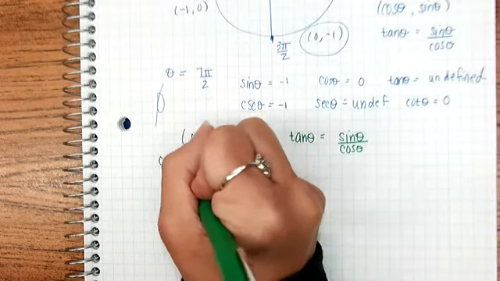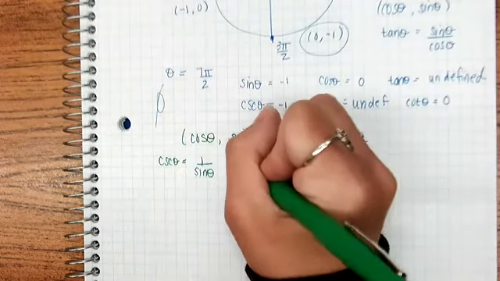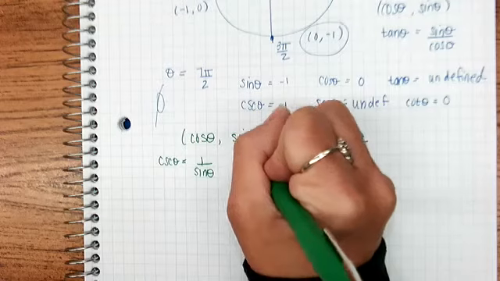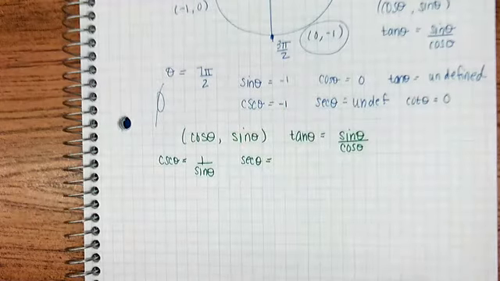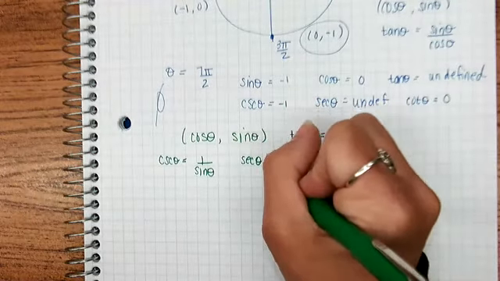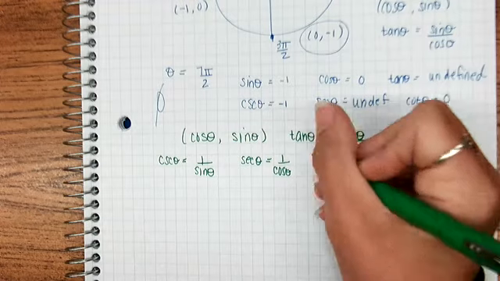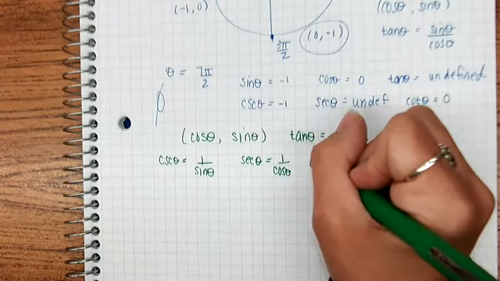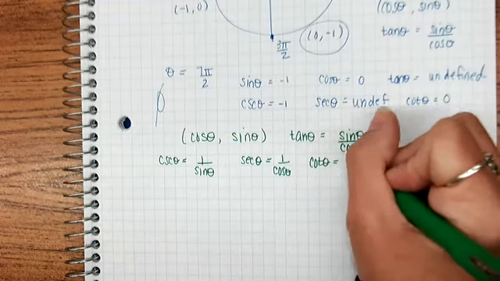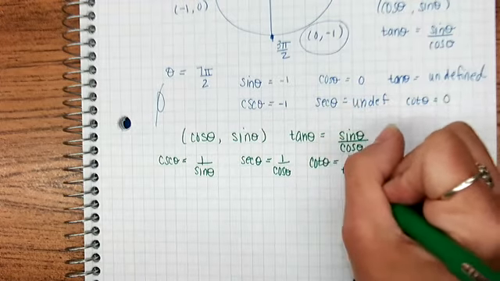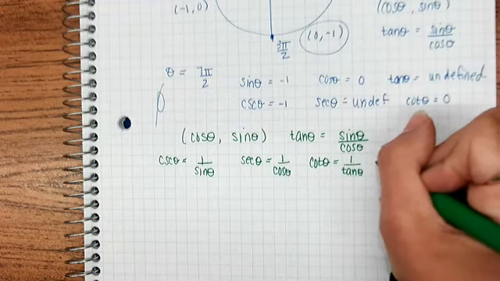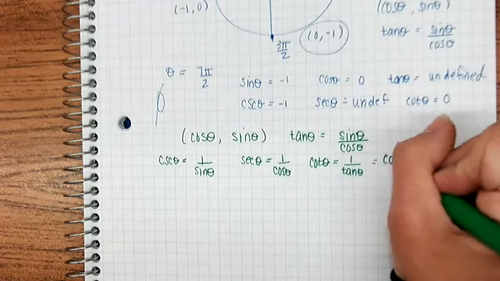Cosecant, 1 over sine. Secant, 1 over cosine. And cotangent, 1 over tangent, which is also cosine over sine.